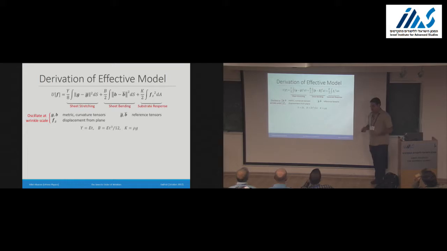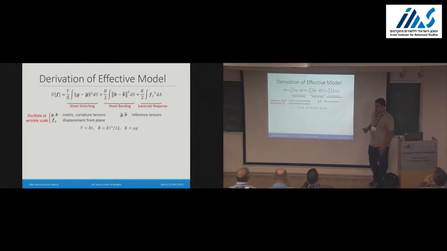Now, in many systems, I have scale separation. Okay, I know the typical wrinkle scale. Again, it's (k_b over k) to the power of a quarter, square root of it. Okay, and the system scales can be many orders of magnitude above this. The typical length scales in the target metric, okay, the radius of curvature of my big sphere, can be much above this wrinkle scale.